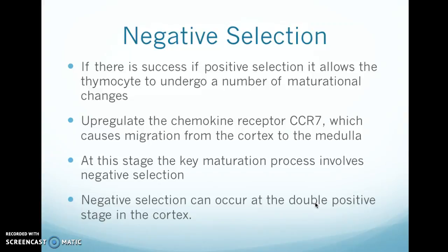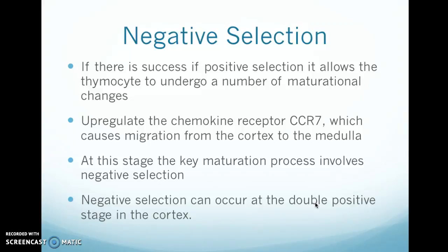Newly generated thymocytes may not successfully engage the MHC peptides they encounter with their TCRs. Either they have not generated a functional TCR alpha-beta combination, or the combination does not bind MHC peptide complexes with sufficient affinity. These cells have failed the positive selection test and will die by apoptosis within 3 to 4 days.